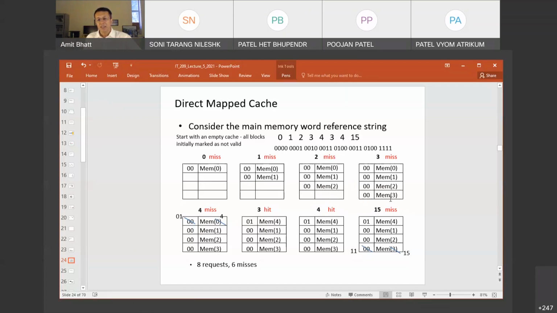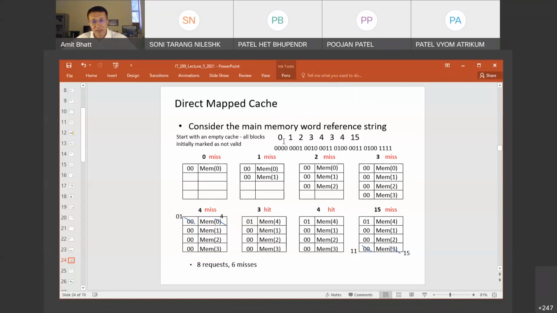Now I want 3. So thankfully, thank God, I got 3. After 4, it is sitting here. I'm sorry, I just went ahead. I wanted 3, and 3 is 0011.